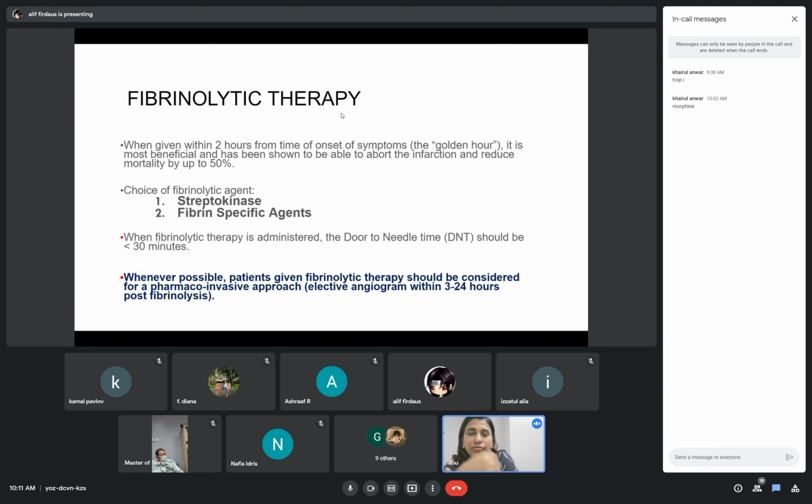Okay, what is fibrin specific and non-fibrin specific delineate means? Streptokinase ni dia akan bagi kita konsep pencairan darah ni whole over our generalized body. Oh, not specific. You understand? Not specific. So your tendency to get bleeding is higher in STK. However, in fibrin specific, dia attack clot je lah. Faham. Target area. So targeted area je.